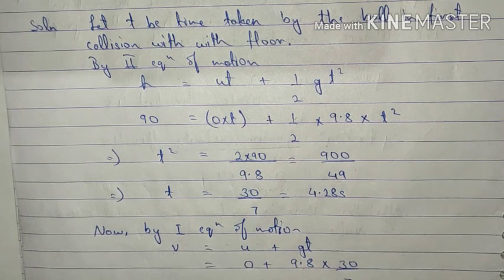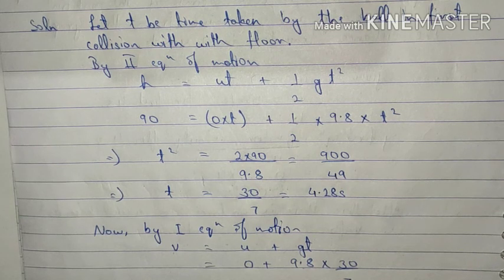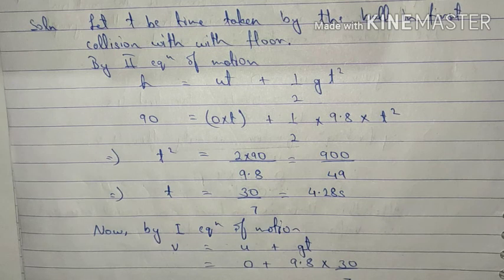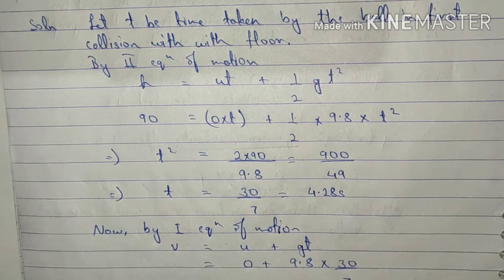Since we are dropping the ball from our hand, the initial velocity will be 0, because we are not applying any force. We are just dropping it and the ball is moving because of the gravitational acceleration. So the total time taken from when the ball is left from our hand until it touches the ground has been taken as t over here.